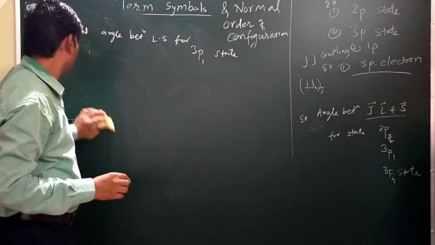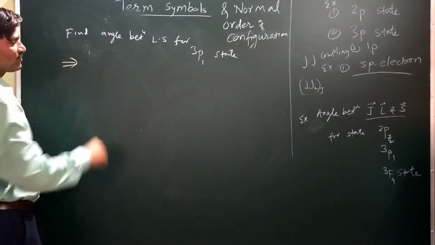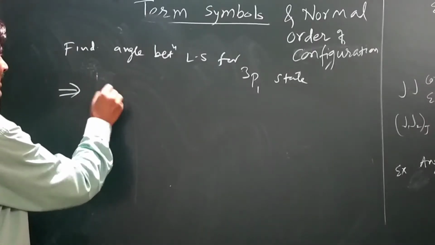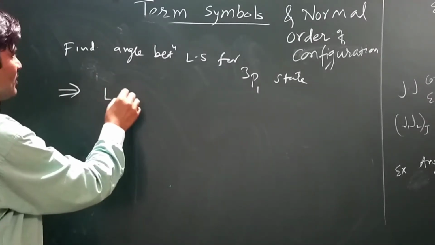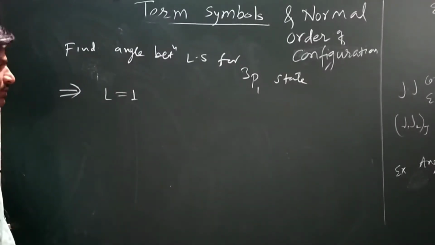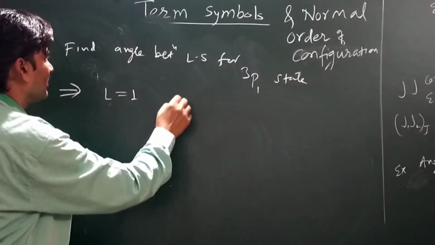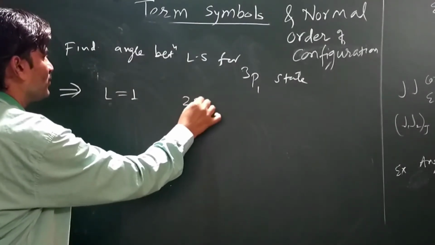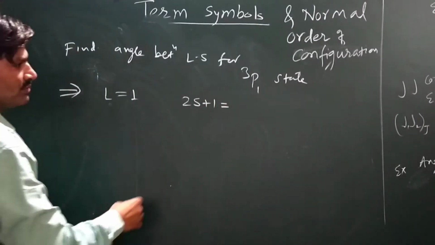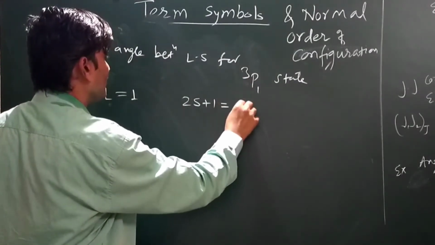So what are the values of L? L equals 1. And for values of S, that is 2S plus 1, which is equal to 3.